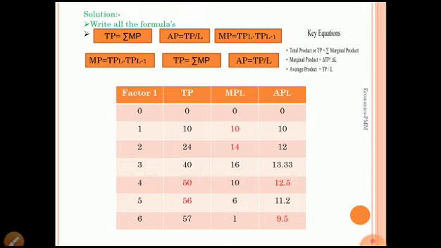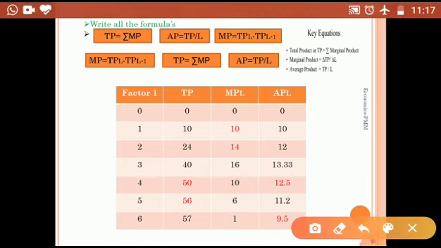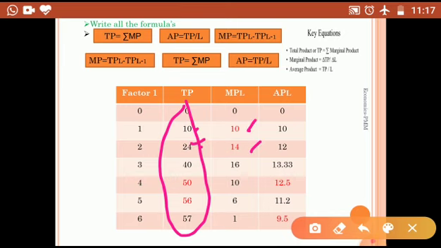Okay. Now moving to the next task, that is, your next step is total product. What is the formula of total product? Summation of marginal product. So you need to go on adding all these values. For example, 10 plus 14 is 24, then 24 plus 16 is 40, 40 plus 10 is 50, then 50 plus 6 is 56, then the last one, 56 plus 1, is 57.